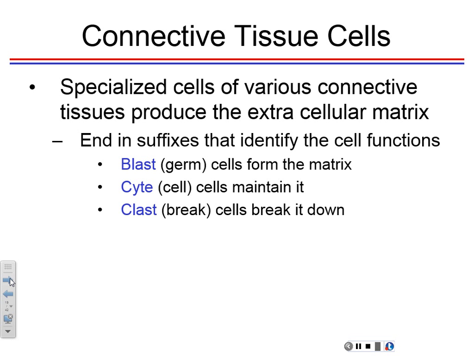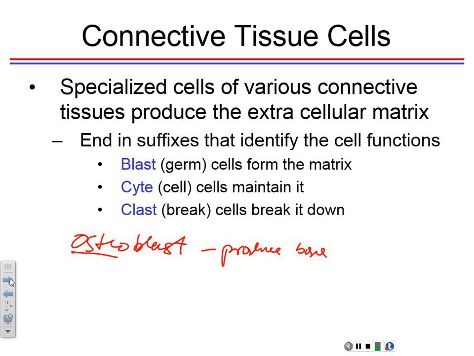Certain cells that will maintain the matrix, that end with cyte. Cyte is a cell, it's like a mature cell, okay? And then certain cells that will produce the matrix, like for instance, the ones ending in blast. For instance, osteoblasts will produce, osteo means bone, matrix, so produce bone matrix, right?